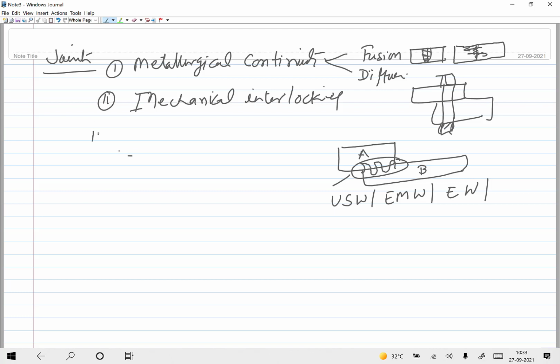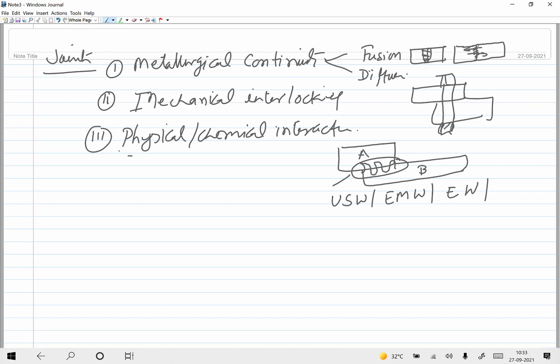The third one is where physical and chemical interactions take place at the interface.